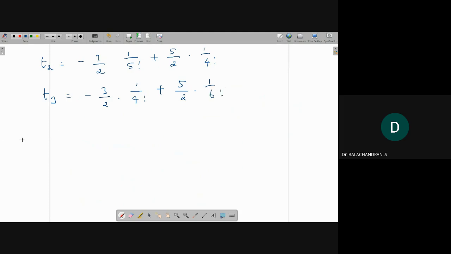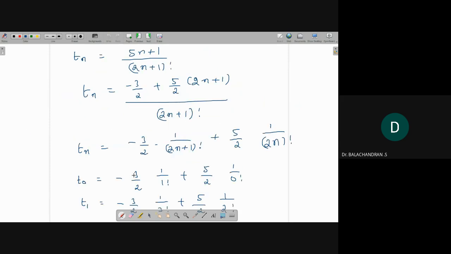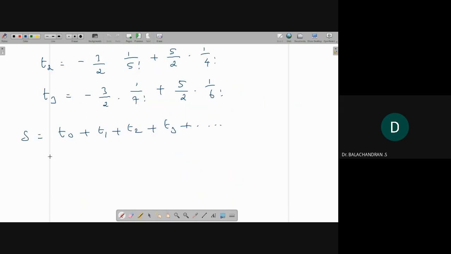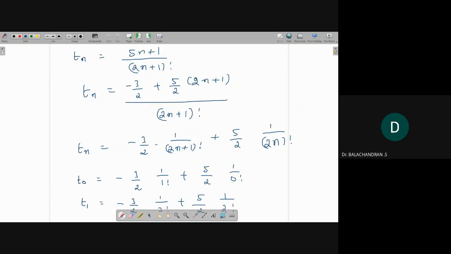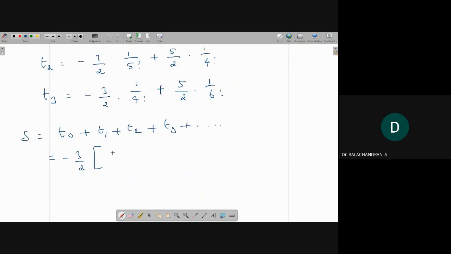Now S is equal to T0 plus T1 plus T2 plus T3 and so on. Add vertically. If you add, the common factor is minus 3 by 2, times 1 by 1 factorial, 1 by 3 factorial, 1 by 5 factorial, and so on.